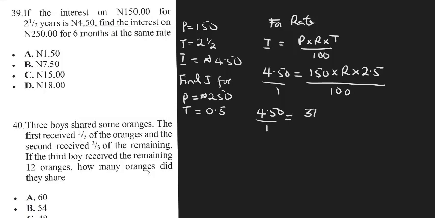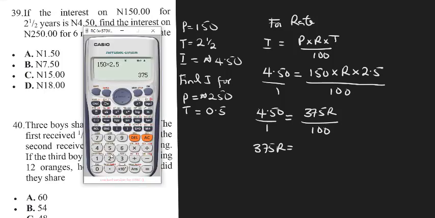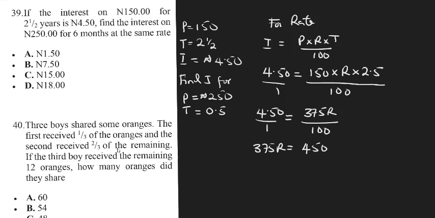So we have 375R over 100. So cross multiply, because we're looking for this R. If you cross multiply, we're going to have 375R is equal to 4.50 times 100, so it's 450. So divide both sides by 375.